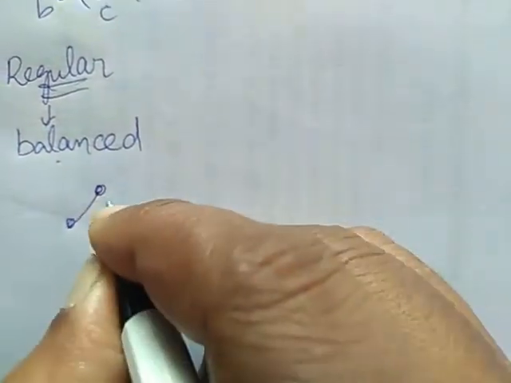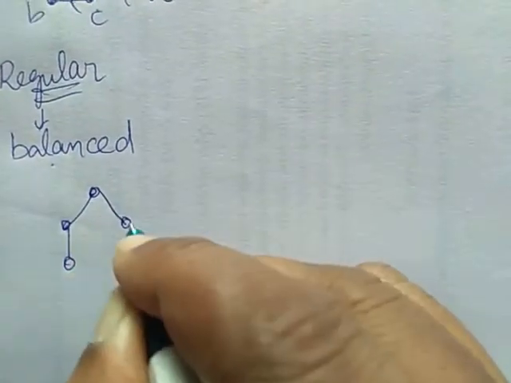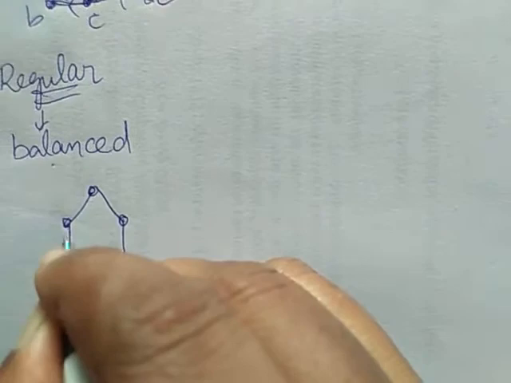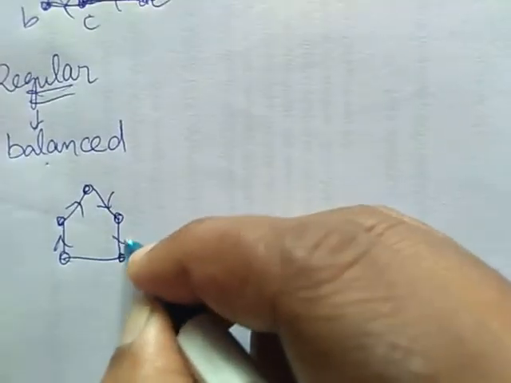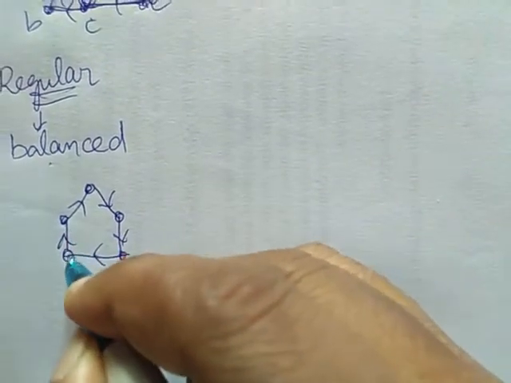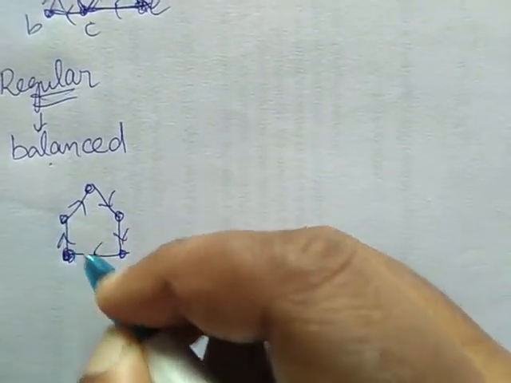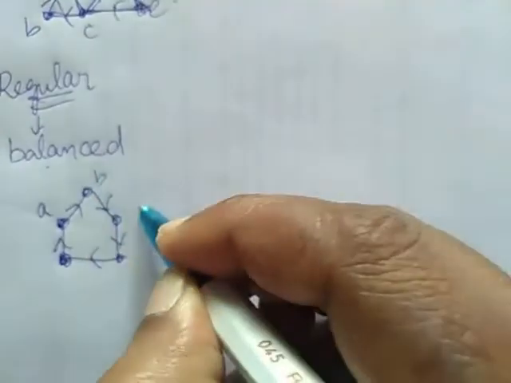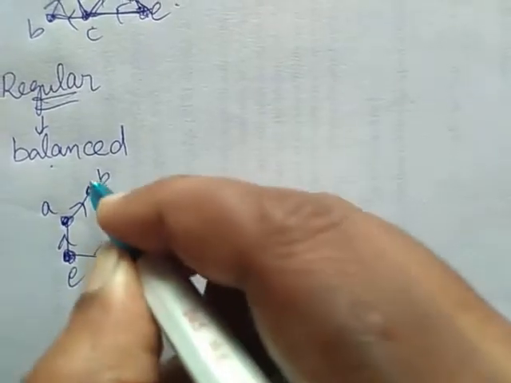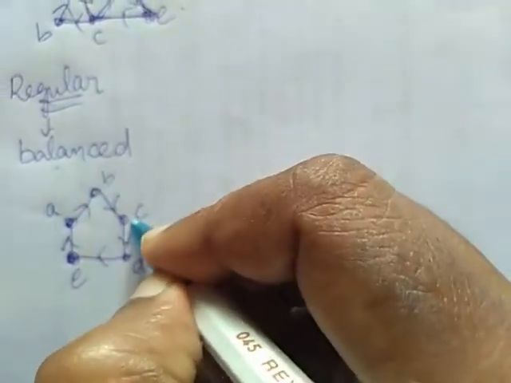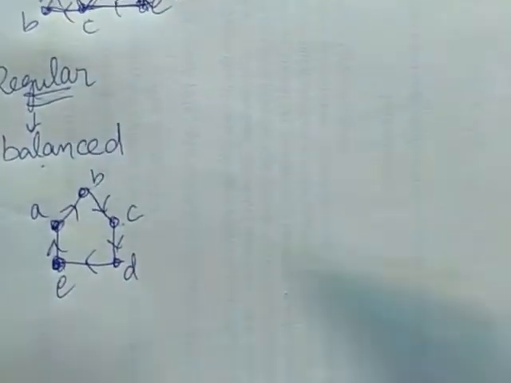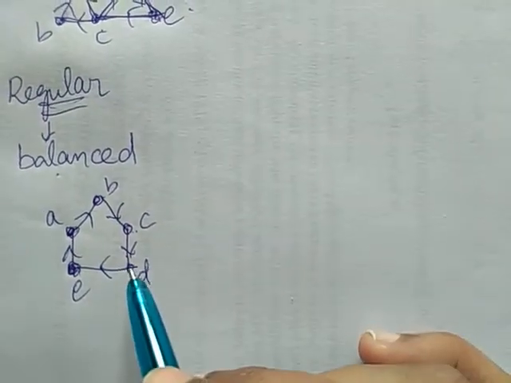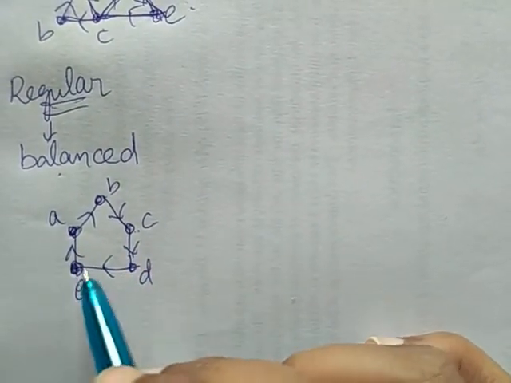I'll show. Suppose we consider a graph. For vertex A, in degree is 1, out degree is 1. For vertex B also, in degree is 1, out degree is 1. For vertex C also, in degree is 1, out degree is 1. D and E also, in degree is 1, out degree is 1.